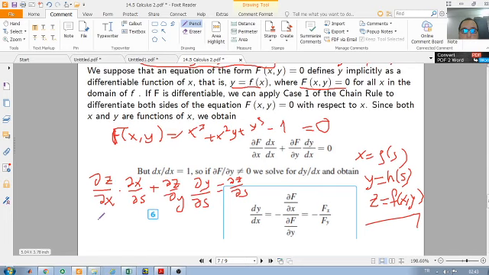Therefore we have case 1 of the chain rule for this example. So instead of z we have big F here, and we already have the explicit definition for the first term, which is x, and the second one, y, is given by little f of x.